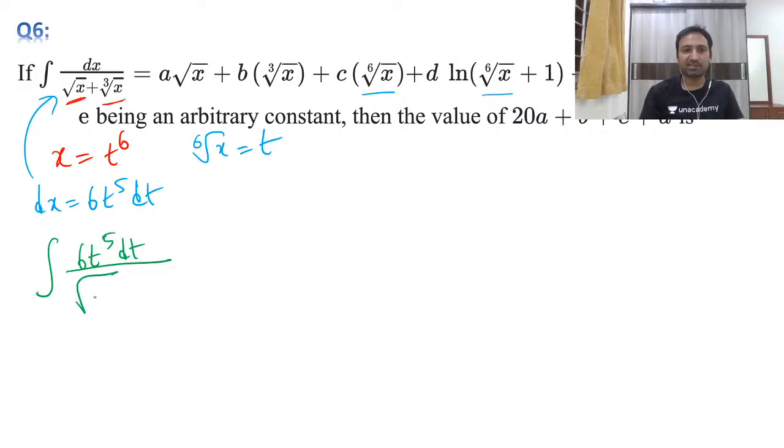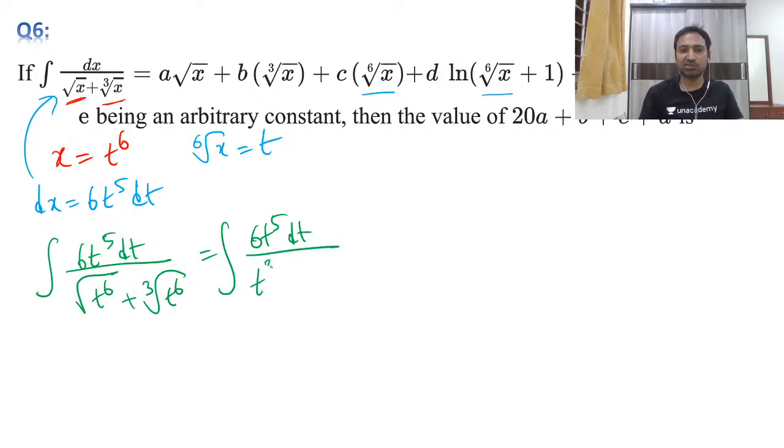So square root of x is how much, guys? x is t power 6, plus cube root of t power 6. Now I can simplify this as 6 t power 5 dt by the square root of t power 6, which is t cube, and cube root of t power 6 is t square.